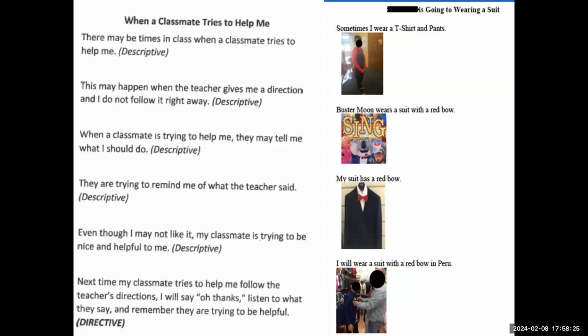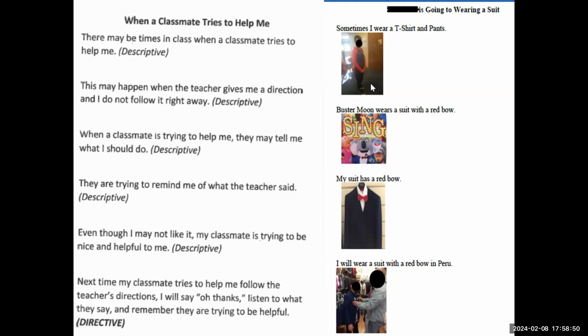Even though I may not like it, my classmate is trying to be nice and helpful to me. And then here's the one directive. Next time my classmate tries to help me follow the teacher's directions, I will say, "Oh, thanks." Listen to what they say and remember they are trying to be helpful. Now that's kind of a little bit more complex, where we have simpler ones, right?